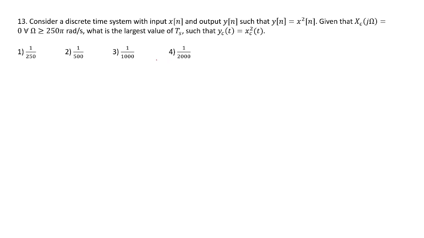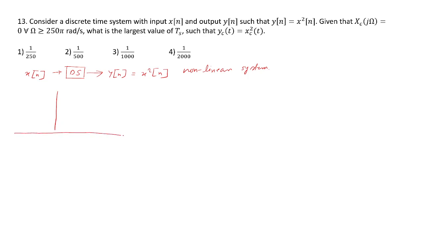Okay, you have a discrete time system. Your input is xn, your output is yn, such that it is x square of n, a non-linear system. Now xc is band limited to 250 pi radian per second.